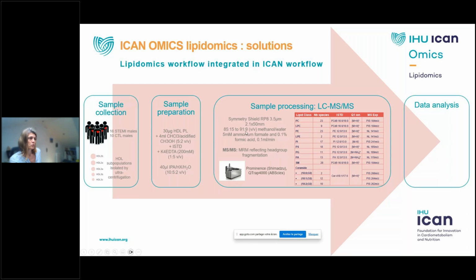This method used a C8 separation with a methanol water gradient, and lipid detection was done using multiple reaction monitoring, reflecting head group fragmentation for phospholipids and sphingolipid base fragmentation for ceramides, as is commonly done. Data analysis was done using various tools, MetaboAnalyst or Cytoscape.